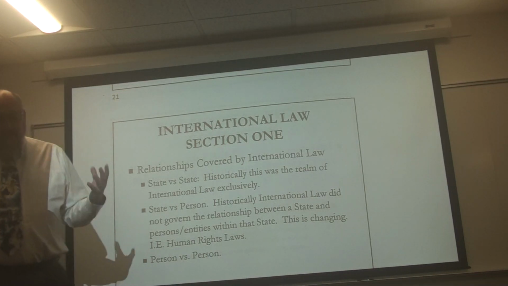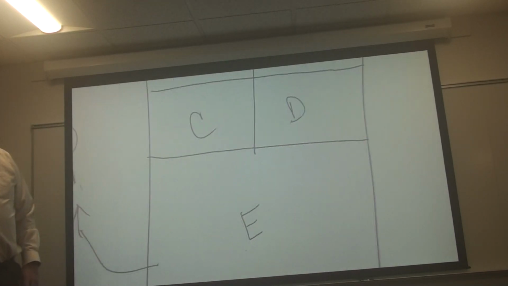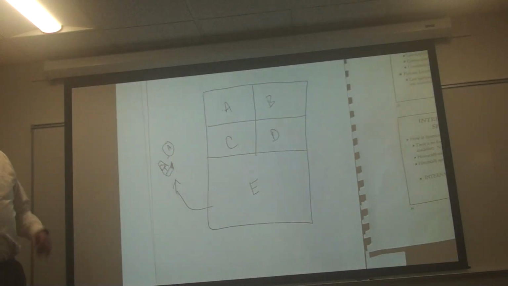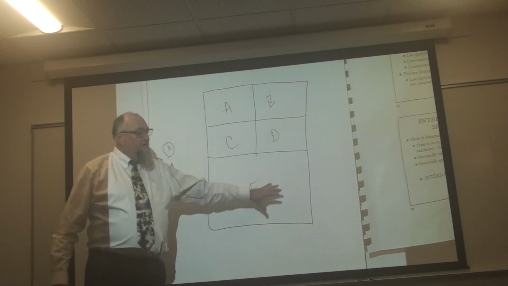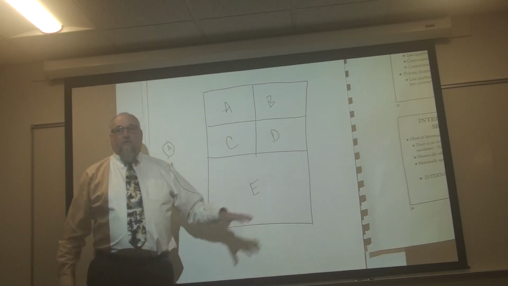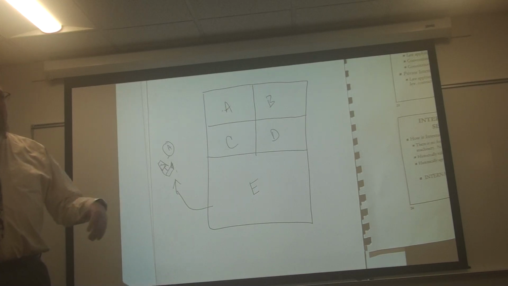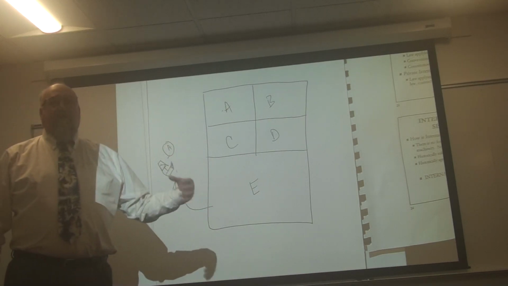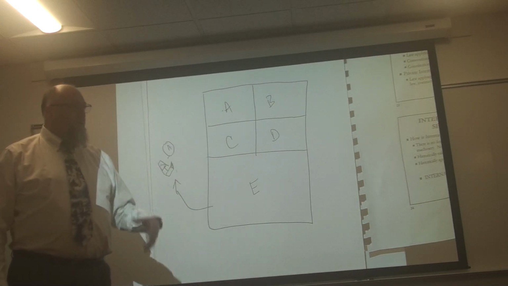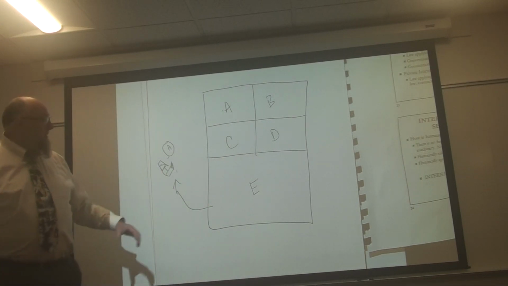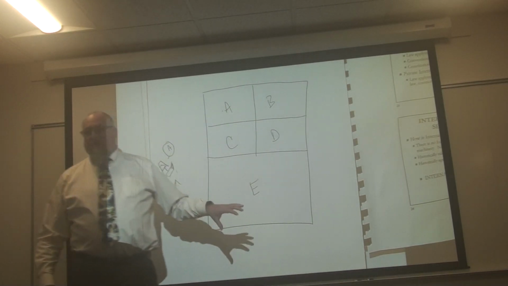So let me just give you an example. I talked about this last time. If we have these 5 states here, and let's say again state E, a sovereign state, has laws that discriminate against a group of people, perhaps based upon their race, their ethnicity, their religious orientation, their cultural orientation, or whatever, and these other states don't like those laws and how they treat their people.